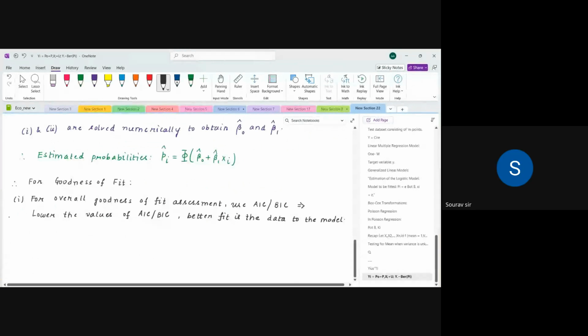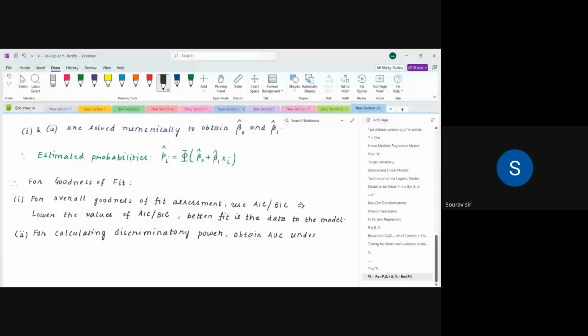And for calculating the discriminatory power, obtain the AUC under ROC, right?